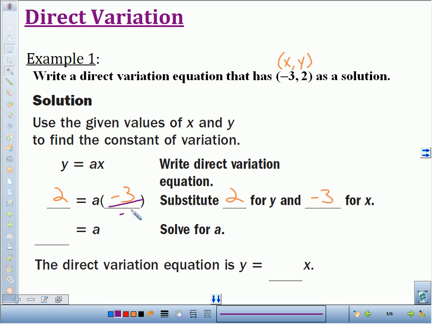So we divide by -3 on both sides. They cancel out, leaving us with a equals -2 over 3. So the direct variation equation is y equals a times x, and a is -2 over 3. So the full equation is y equals -2 over 3x.